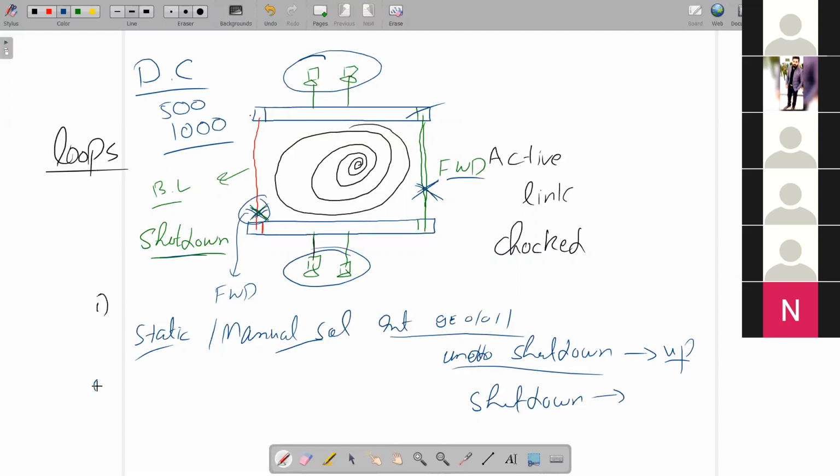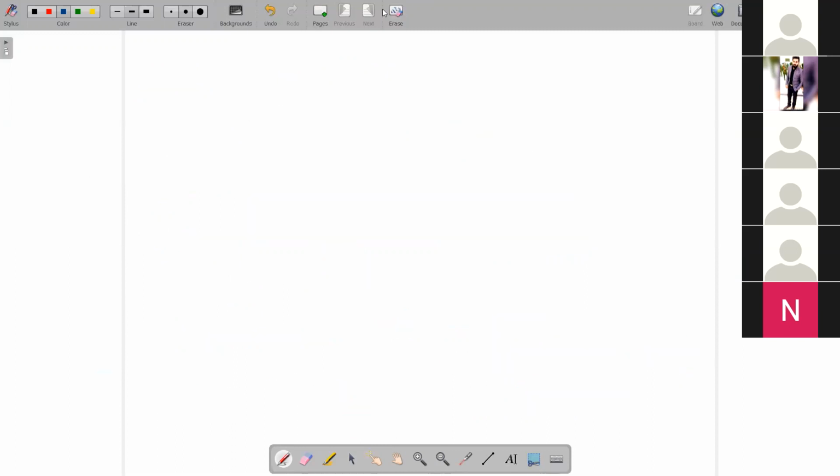So what we need to do, we should have a dynamic solution. And the dynamic solution is the STP. And what is STP? STP is Spanning Tree Protocol.